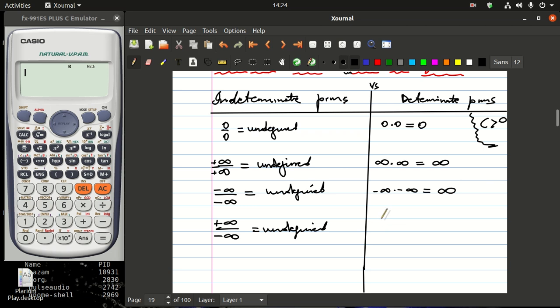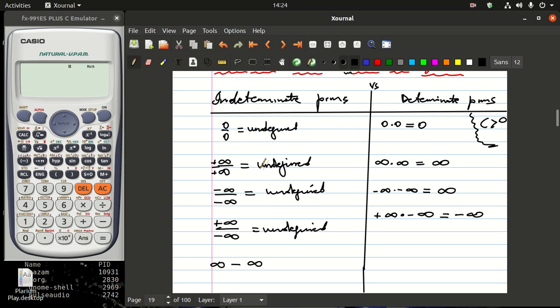And if, let's say, I'm taking positive infinity and I'm multiplying it by negative infinity, or I'm taking negative infinity and I'm multiplying by a positive infinity, I will get negative infinity. That's what I want you to actually get. And now if I were to take negative infinity and I subtract another infinity, just like we said here, I don't know how big this infinity is relative to this infinity.